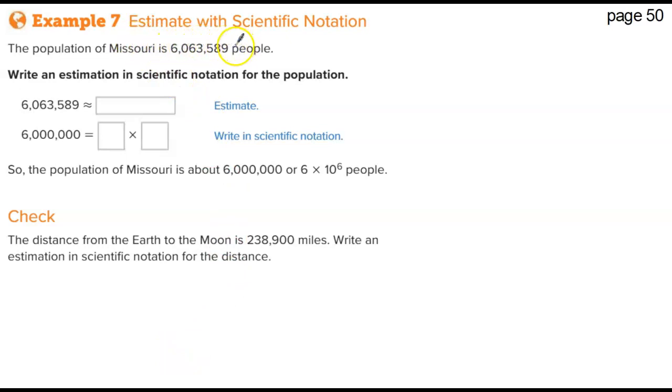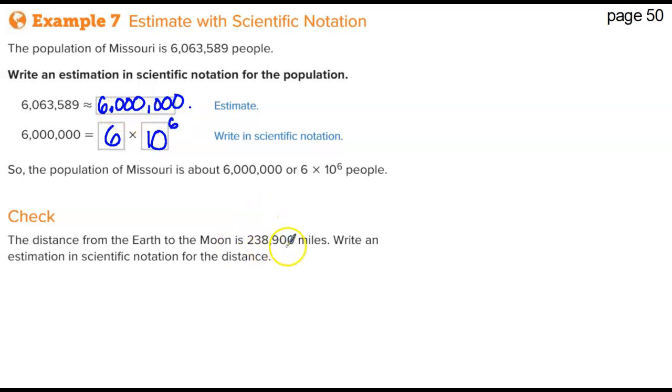Well, it's very close to 6 million, right? So they're saying, let's estimate it as 6 million. And then we will move the decimal. It starts here. We want it to end here. It moves 1, 2, 3, 4, 5, 6 places.